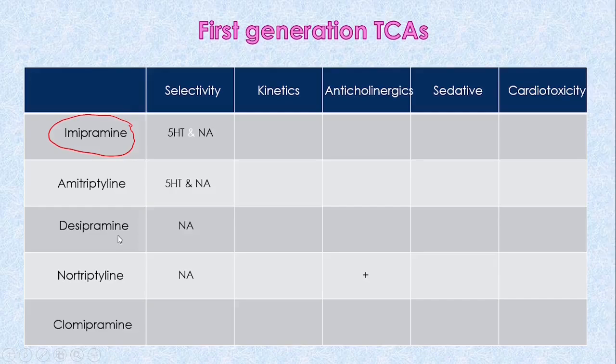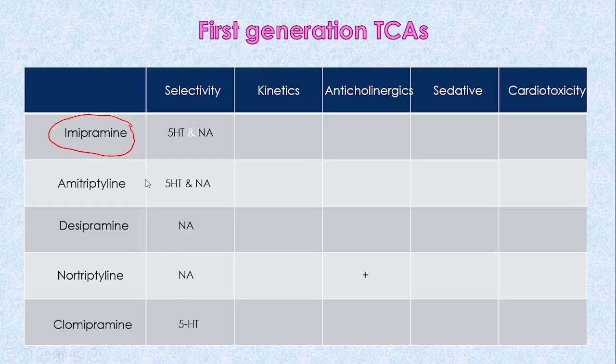Desipramine and nortriptyline are active metabolites, and they act by inhibiting the reuptake of noradrenaline. Lastly, clomipramine. It's selective for 5-hydroxytryptamine. Clomipramine blocks only 5-hydroxytryptamine, which is serotonin, uptake.